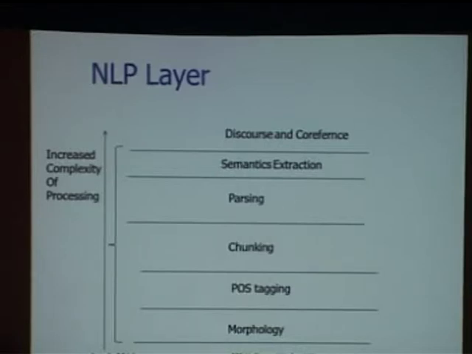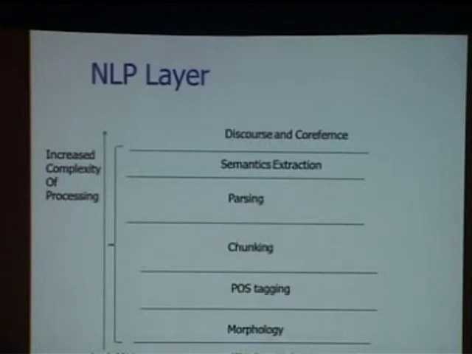Parsing is structuring of sentences into trees in the form of phrases, noun phrase, verb phrase, and so on. Semantics extraction is meaning extraction. Word association and the meaning that emerges from the sentence. Discourse and co-reference is the processing of text when multiple sentences contribute to meaning. So a paragraph, for example, or a chapter of a book and so on.